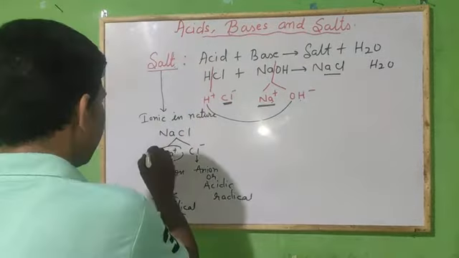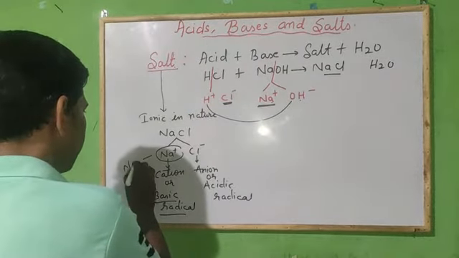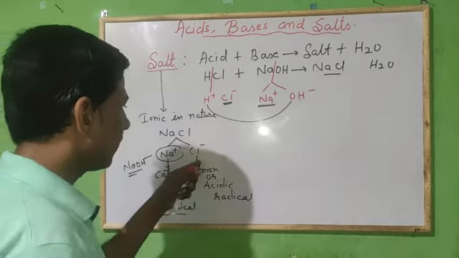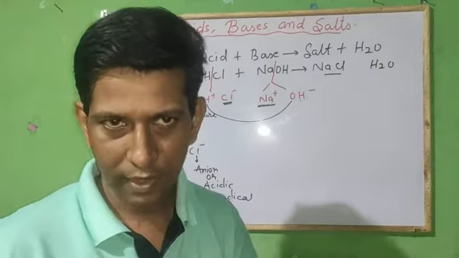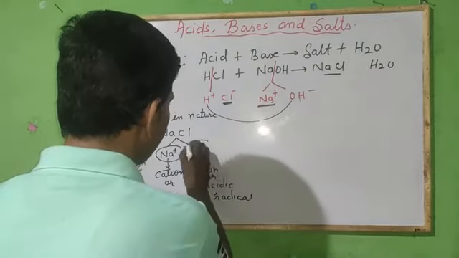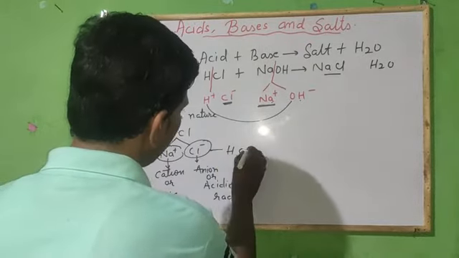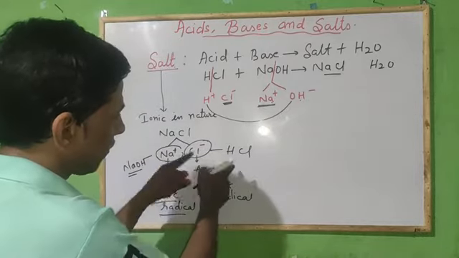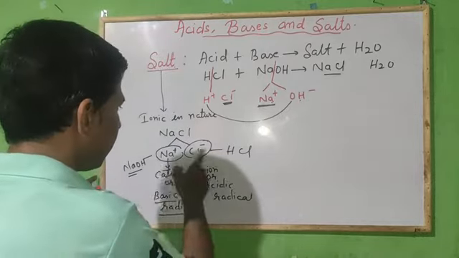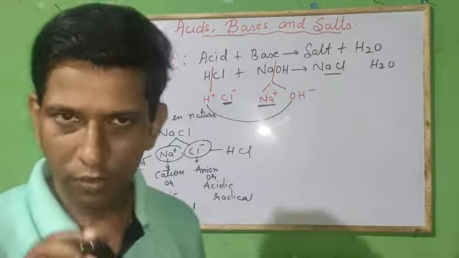Which base? NaOH. And here the Cl minus ion, that is the anion, is also called the acidic radical. Why? Because it comes from hydrochloric acid. So NaCl salt formation takes place when NaOH combines with HCl.